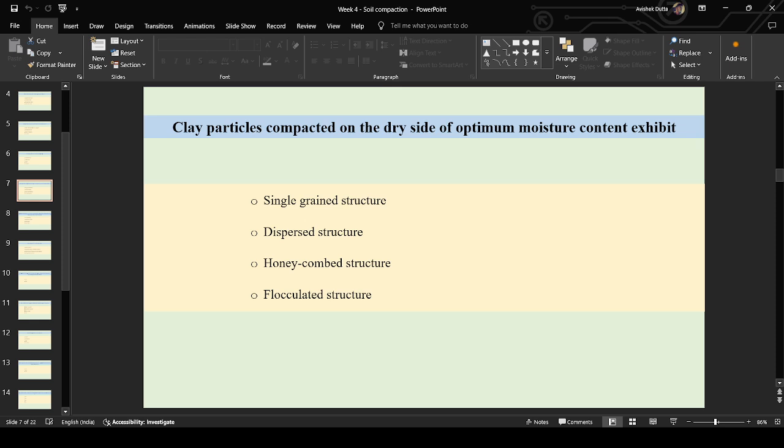First option, single grained structure. Second option, dispersed structure. Third option, honeycombed structure. And fourth option, flocculated structure.